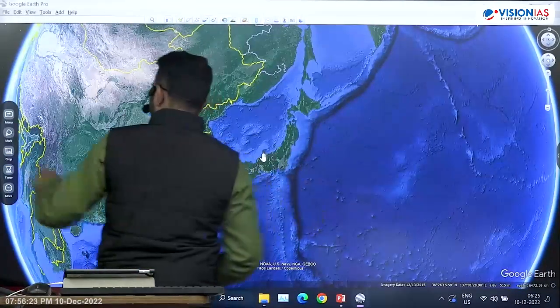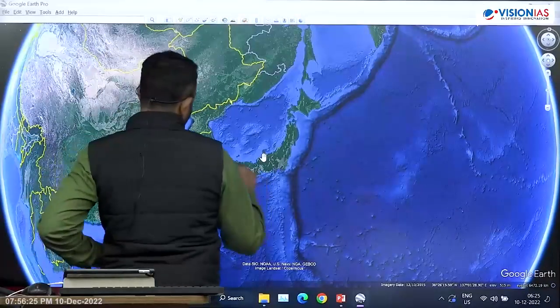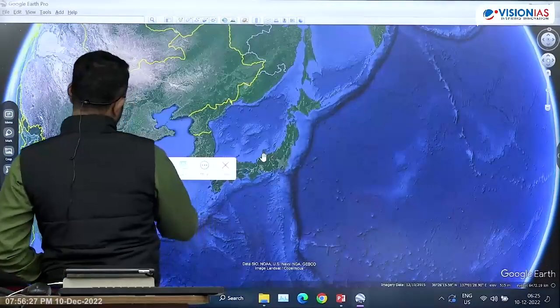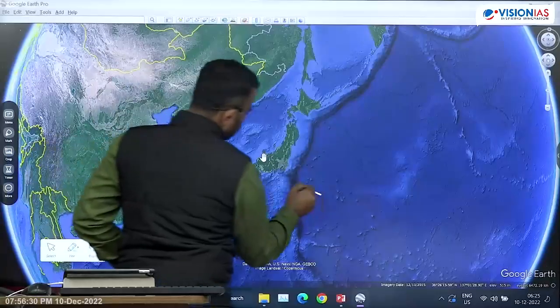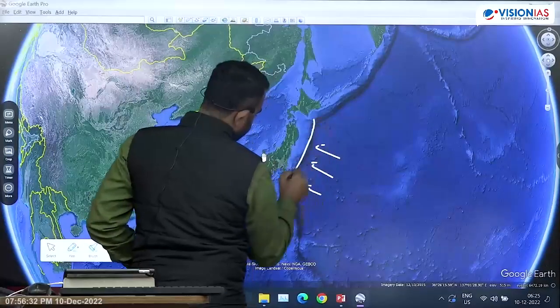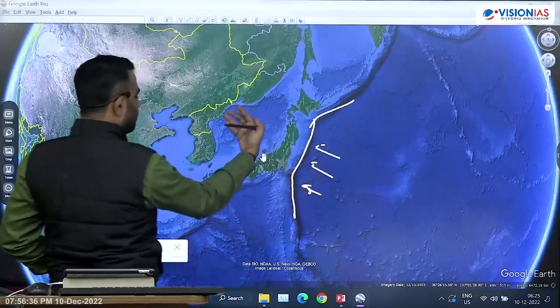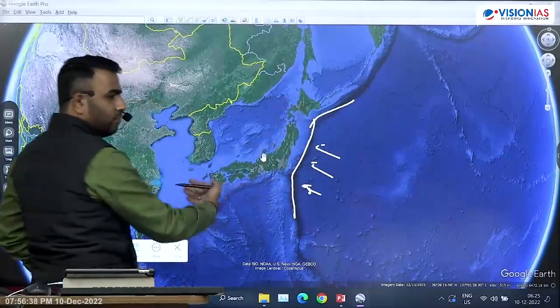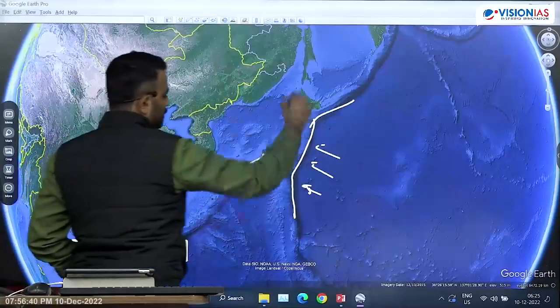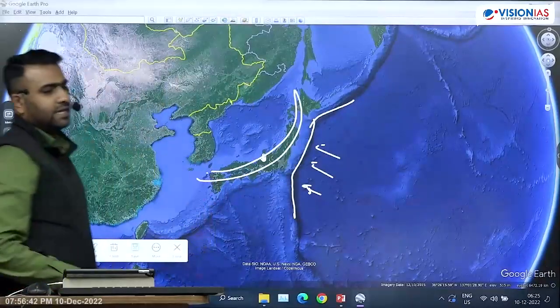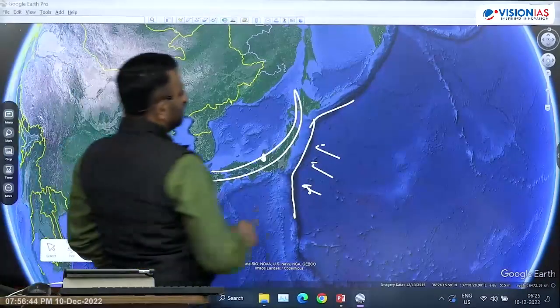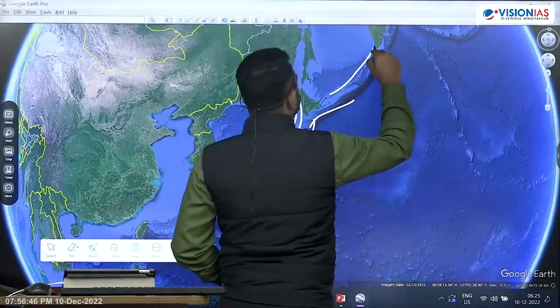Pacific plate is subducting. Here the Pacific plate is subducting. Okay, this is the trench here. देखो, यहाँ पर subduct होके the magma is rising and building volcanic island. Over a long period of time, it has accumulated and it has resulted in the formation of island arc. Okay, यहाँ पर देखो, there is island arc.